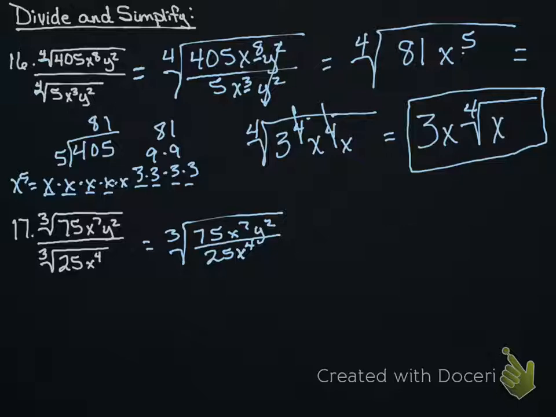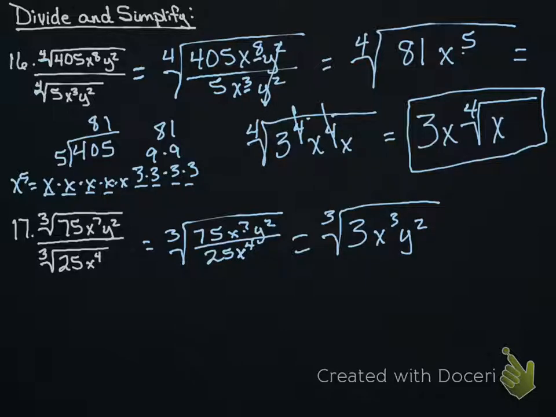Okay? Now, 75 divided by 25 leaves me with 3. X to the 7th divided by x to the 4th leaves me with x cubed. And then I'm left with y squared.